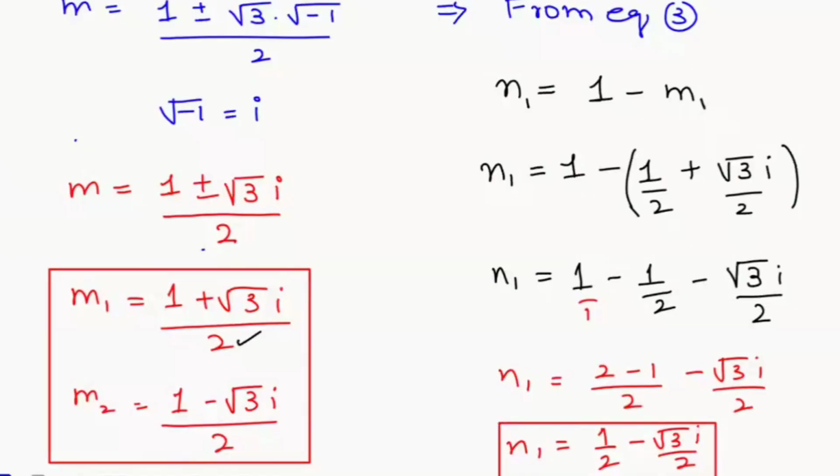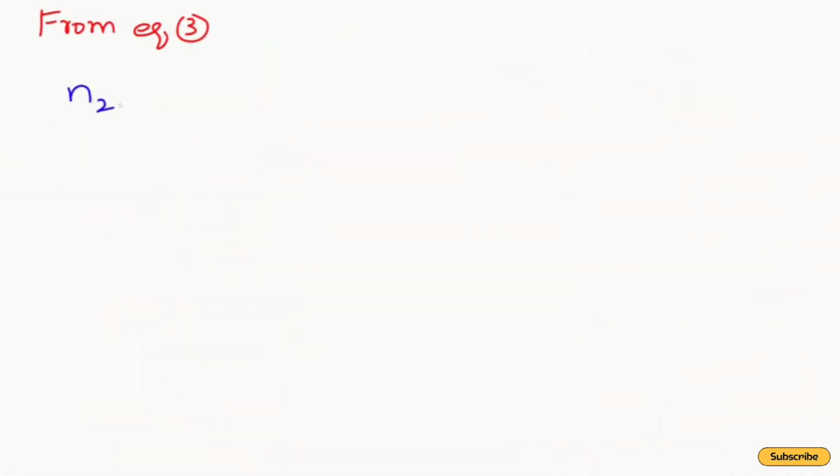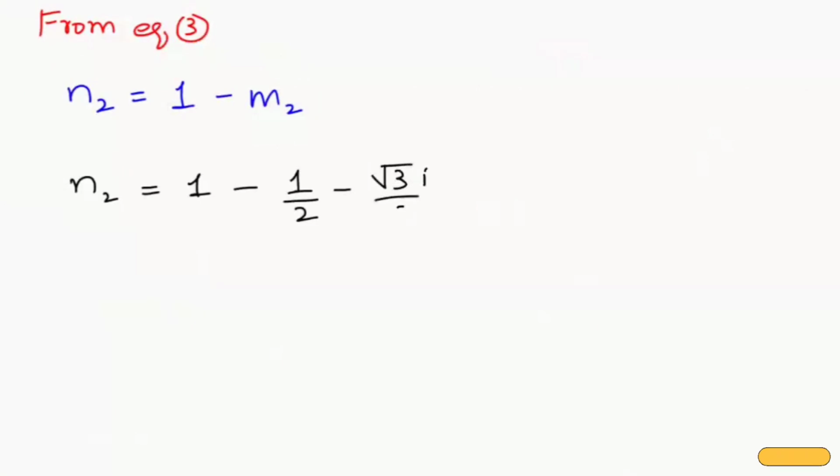Now I'm going to use equation 3 for finding out the value of n2. Here I'm going to plug in the m2 value, that is 1 over 2 minus root of 3 iota over 2.